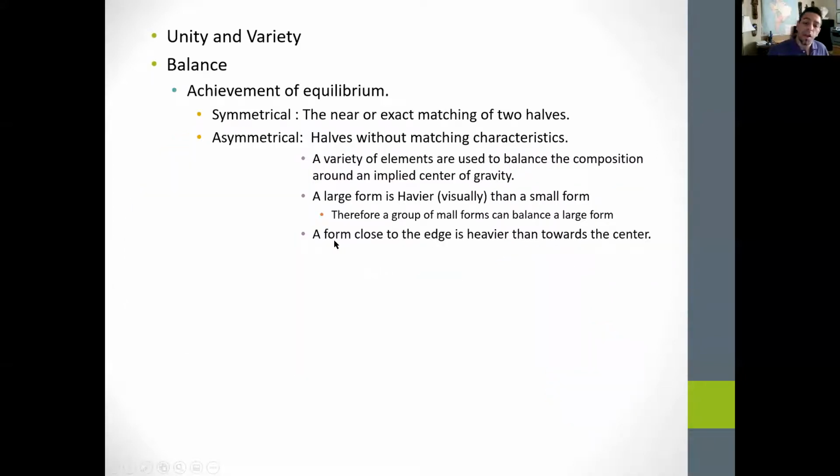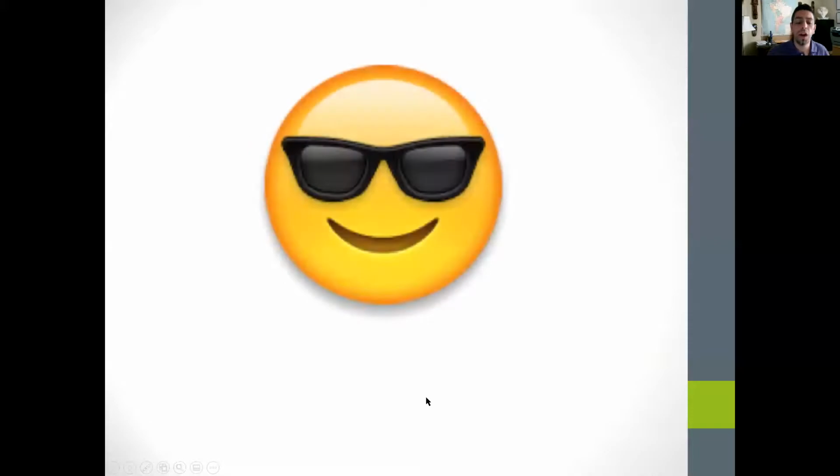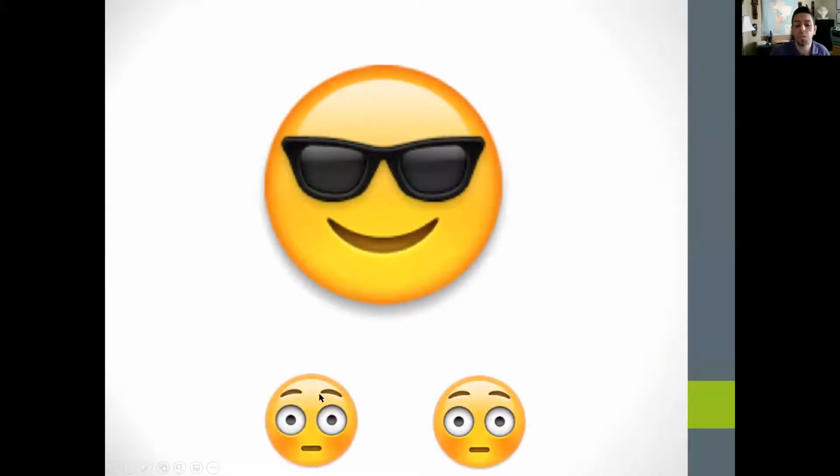Nevertheless, it gives you an idea of what I'm talking about. The next one: a form close to the edge is heavier than one towards the center. So if we have a large object and smaller objects towards the edge, this is going to create a sense of heaviness. This comes from a visual tension that exists when an object is close to an edge.